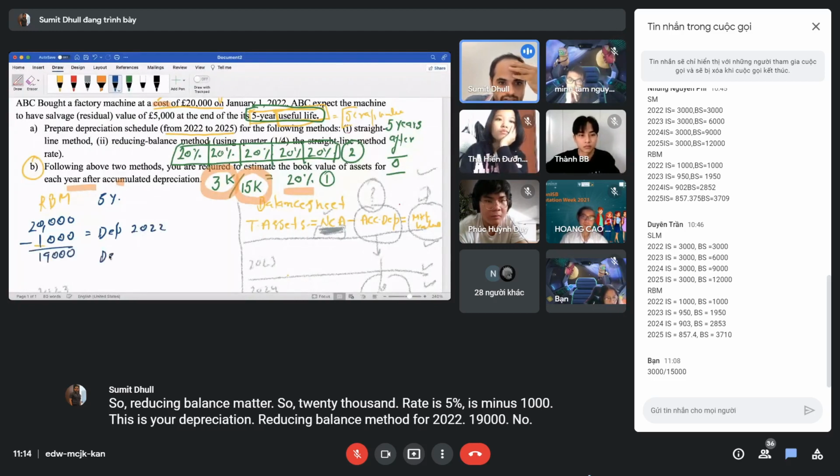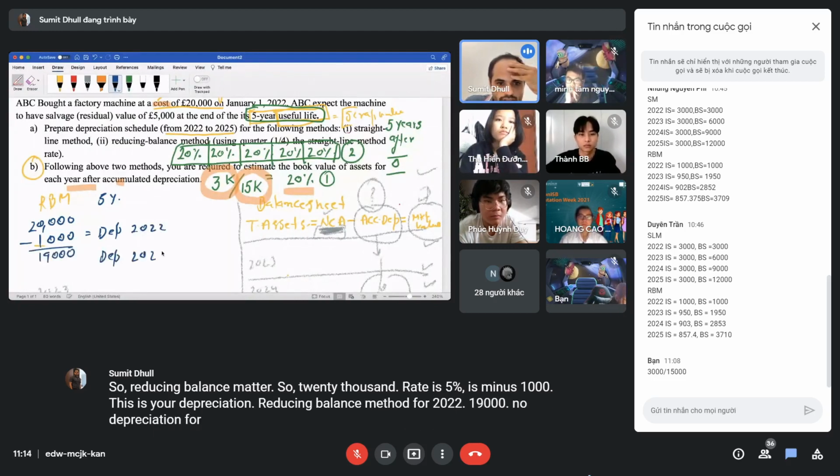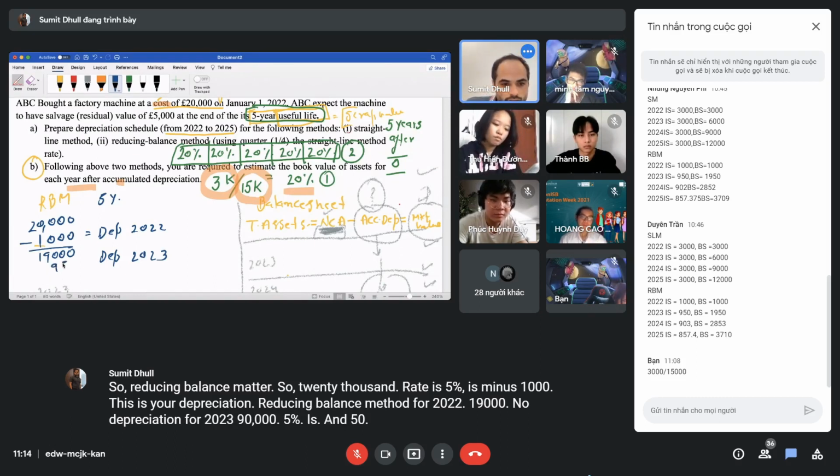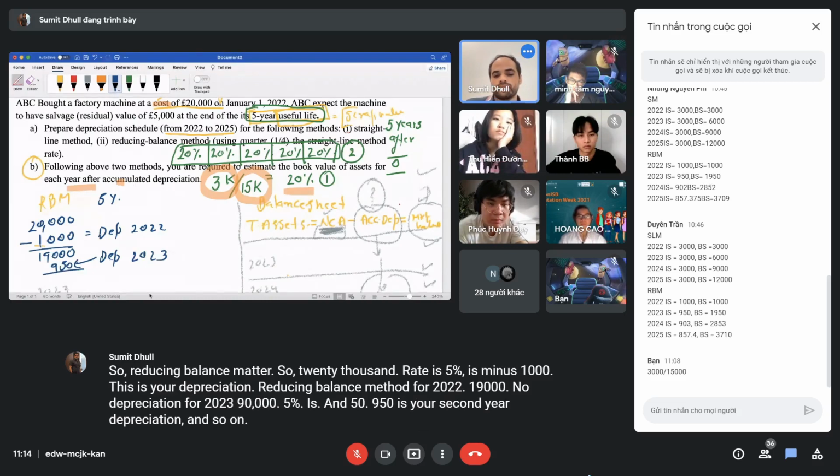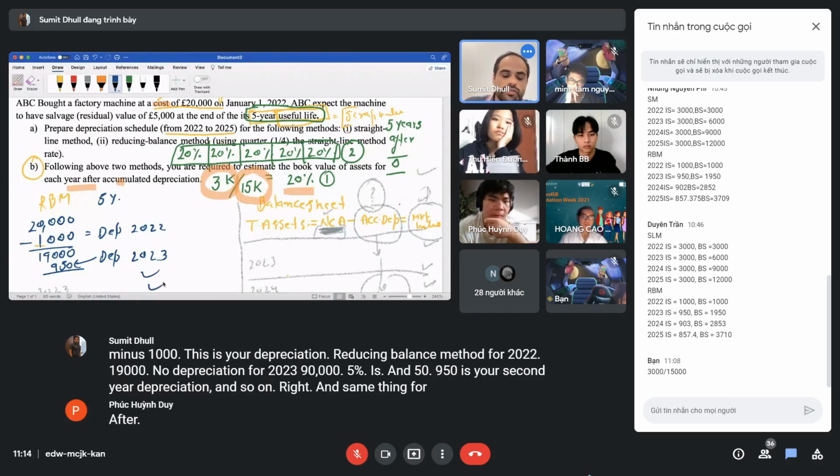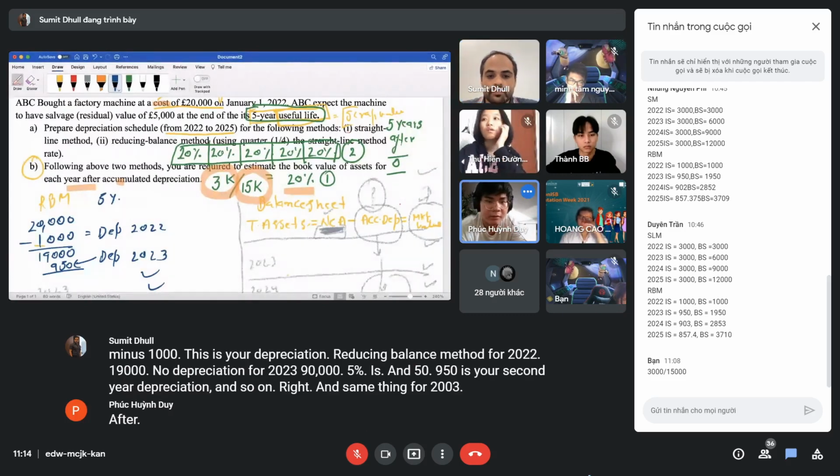Now depreciation for 2023: 19,000, 5% is 950. 950 is your second year depreciation, and so on, right? And the same thing for 2003. Okay, thank you.